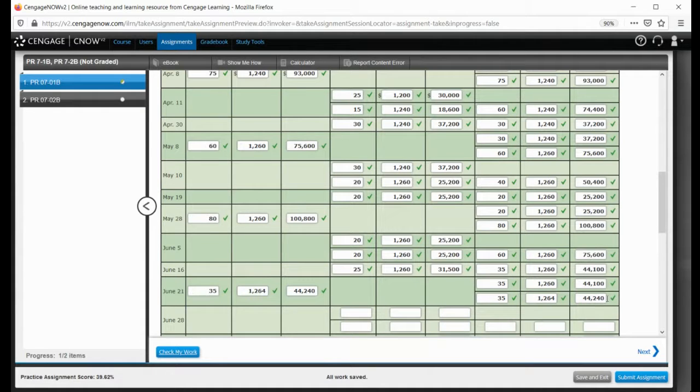So what this is telling us is that we have in ending inventory a total of 70 units at a total cost of $88,340. So this ending inventory amount is going to end up on our balance sheet in the merchandise inventory account, and the total of that again is going to be 88,340 as of June 21st.